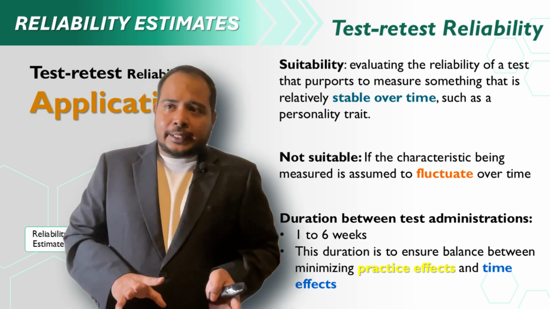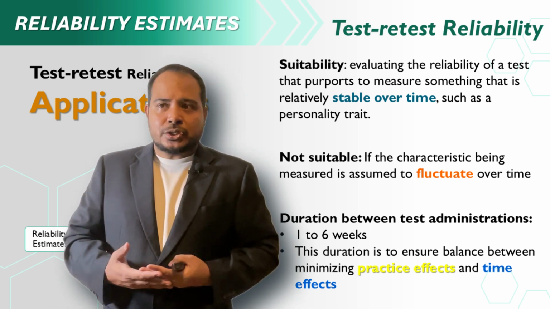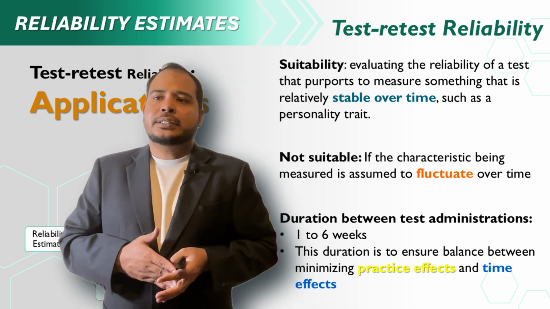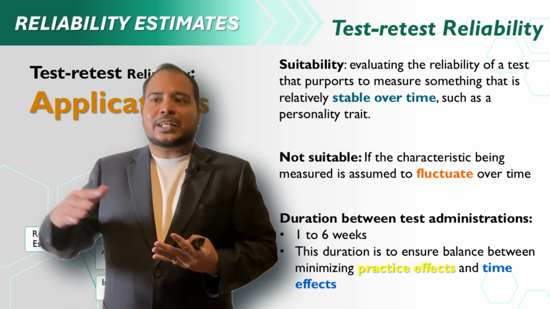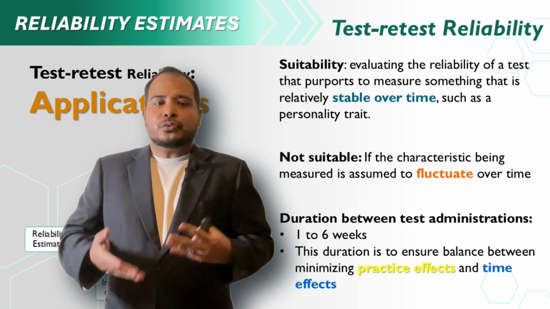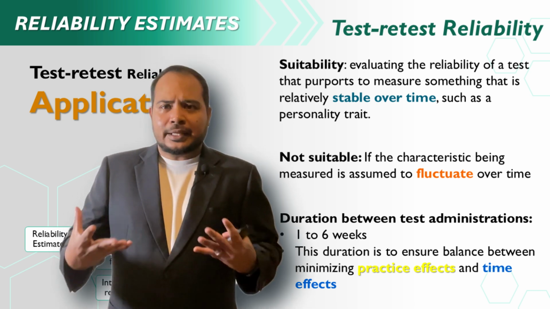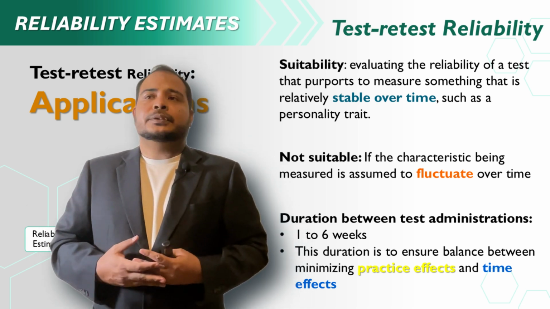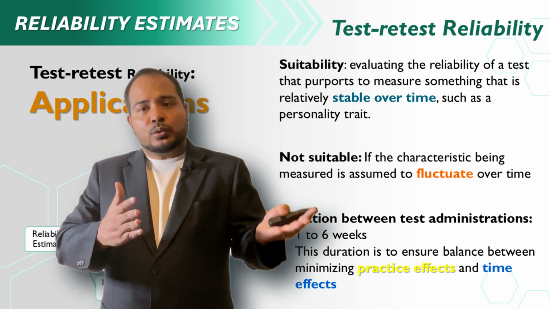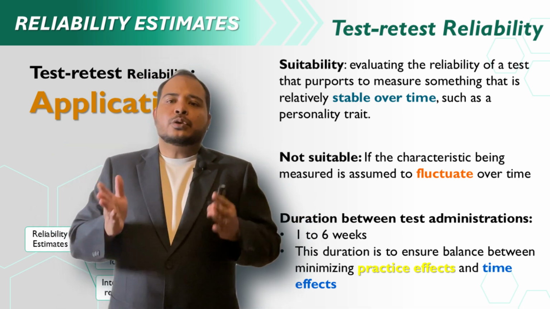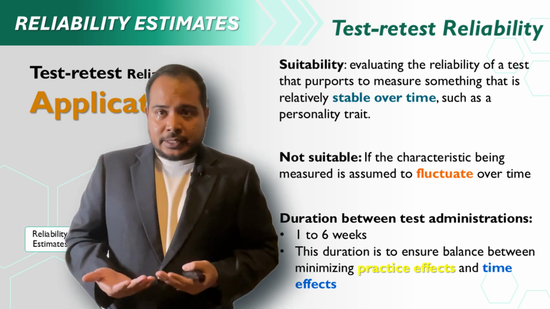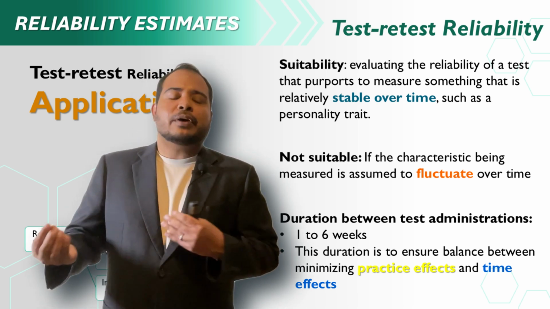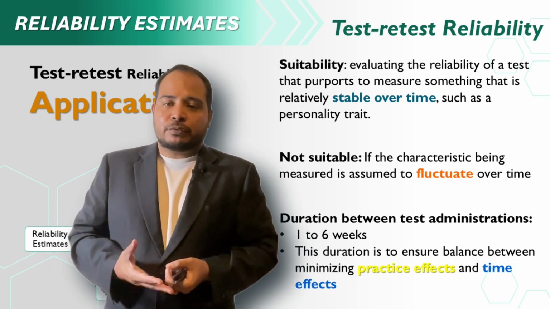On the other hand, we are not encouraged to use test-retest reliability for characteristics of a person that are assumed to fluctuate over time. They are not consistent. Today they are being very friendly, very happy-go-lucky, but next week they are not. From the perspective of personality psychology, you can look into personality states, because a personality state depends on environmental factors, the environmental influence that makes them behave in that way.